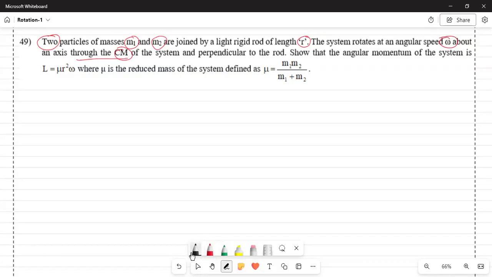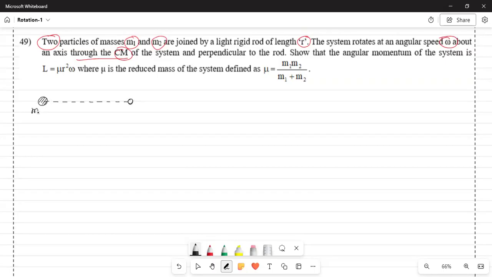So let there be a light rod. I give it a dotted line because the rod is light, because the rod is not a part of the system of two masses, M1 and M2. And let us deliberately make these two of different size because the masses are different.